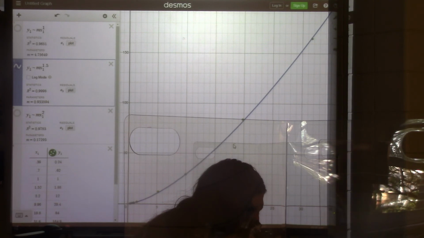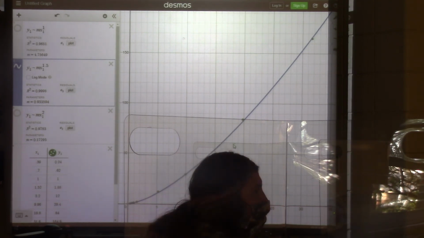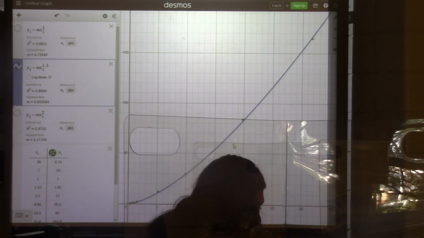Now, I know no one likes fractions, but we'll get over ourselves. Is there a fraction version of 1.5? So t is equal to some coefficient times a raised to 3 divided by 2.